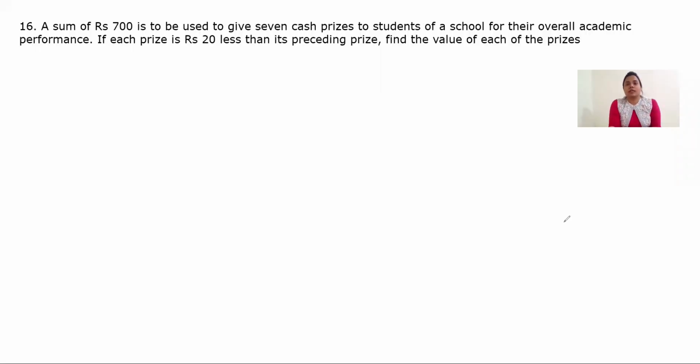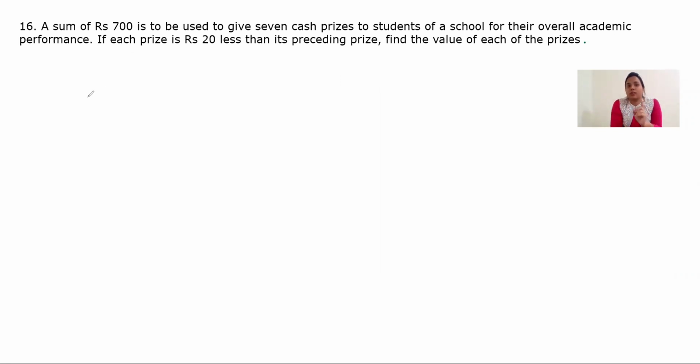16th question. A sum of rupees 700 is to be used to give 7 cash prizes to students of a school for their overall academic performance. If each prize is rupees 20 less than its preceding prize, find the value of each of the prizes. So actually, what is this question? The total amount used to give the prizes was 700.